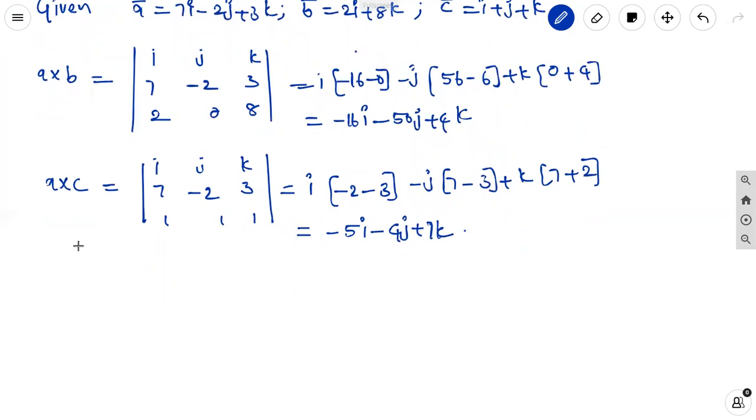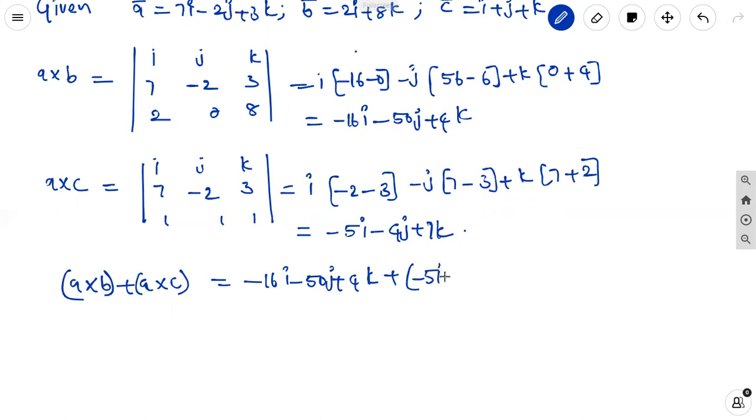Next, we can add these two, A cross B plus A cross C. It is equal to minus 16i minus 50j plus 4k plus minus 5i minus 4j plus 9k, which equals minus 16 minus 5, that is minus 21i, minus 54j, plus 4 plus 9, that is 13k.